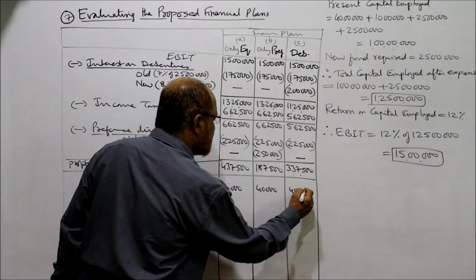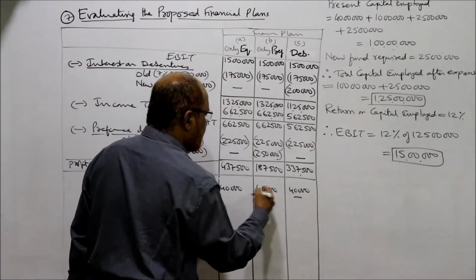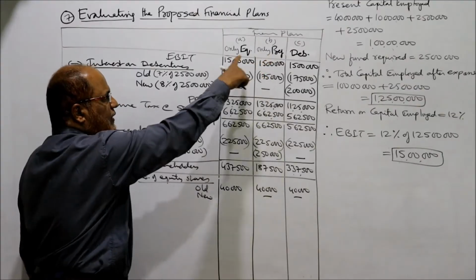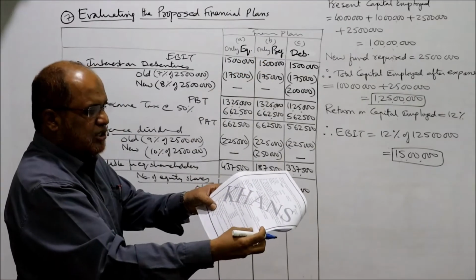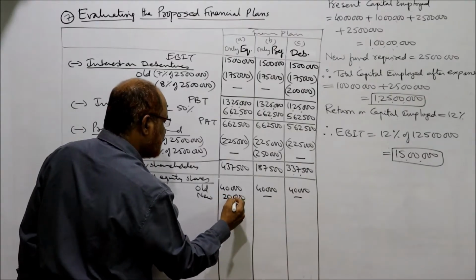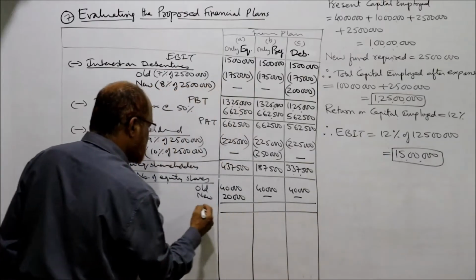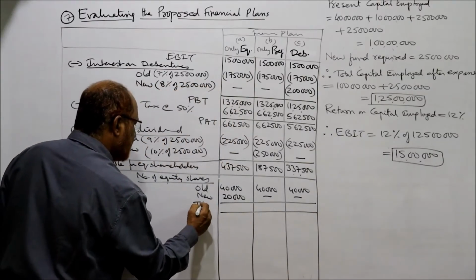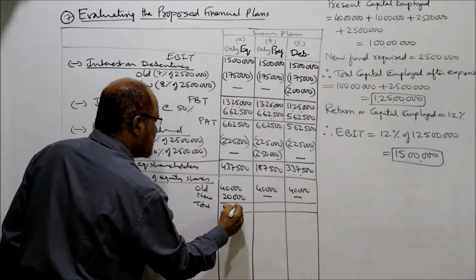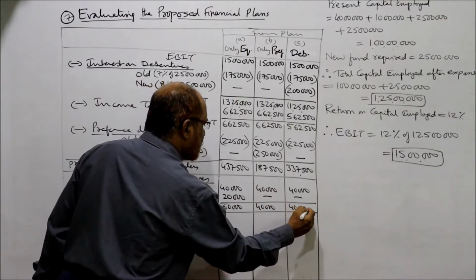In the new case, only in the first column we have new equity shares; the second and third columns don't have any. How many equity shares are issued? It is given in the problem, 20,000 equity shares. Total 60,000, then 40,000, here also 40,000.